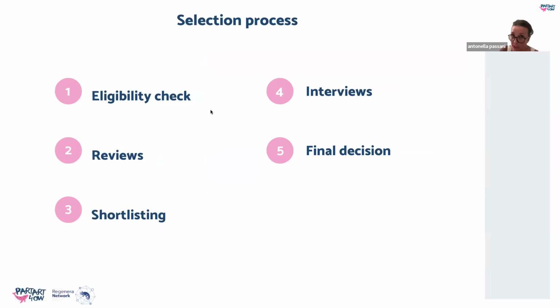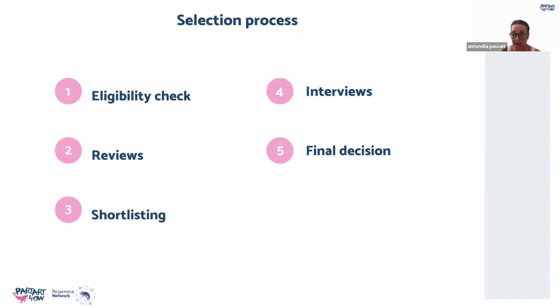Then we do the eligibility check. The projects that are eligible will go to the review stage. Each proposal will be reviewed by 3 reviewers. Each reviewer will give their scores and also comments, the reasoning for the score attributed.